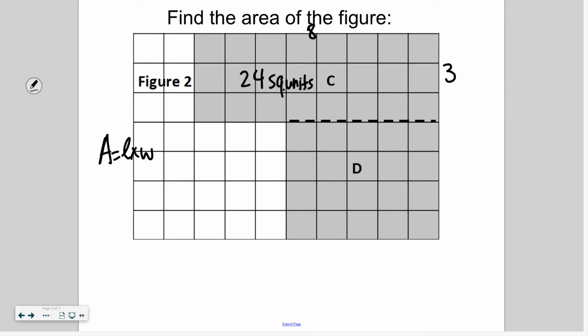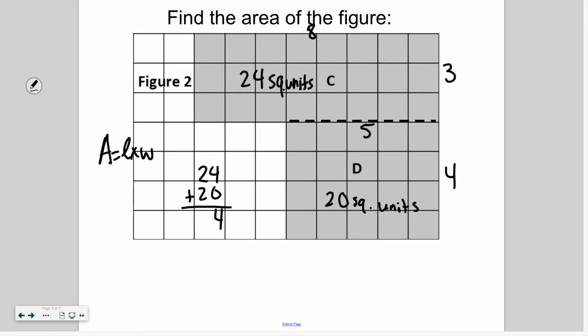So what about D? Well, this side is 4, and this top side is 5. So that makes it 20 square units because 4 times 5 is 20. So I know 24 and 20 square units. I can add those together to find the total area of figure 2.